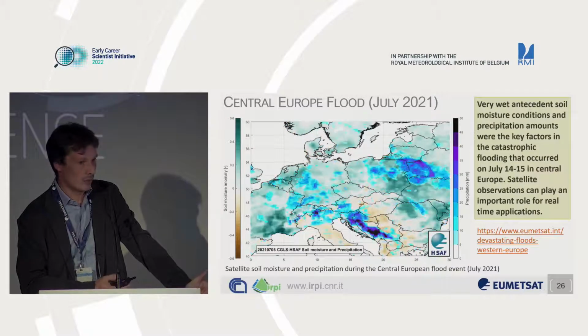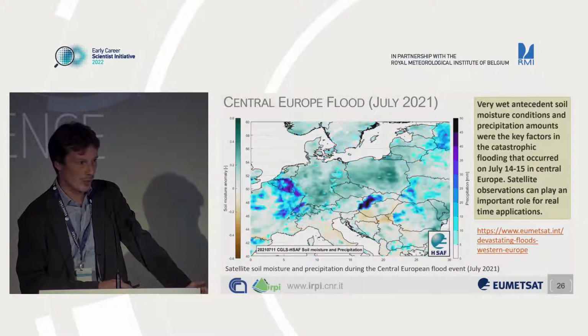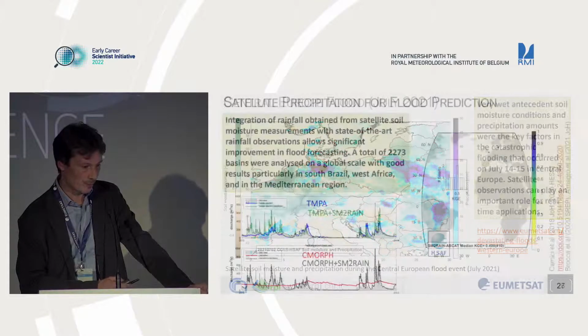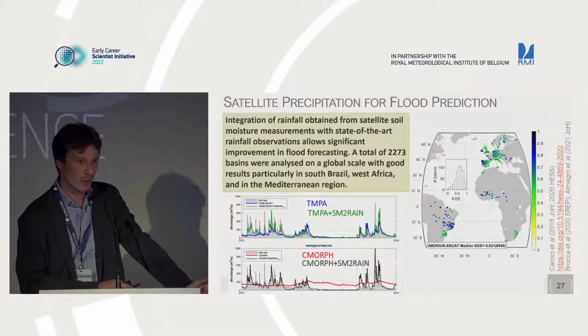Of course, if the soil is going to be saturated, a small amount of precipitation can have devastating or catastrophic impacts. And this is what we have done and are doing by exploiting satellite precipitation data, because satellite precipitation data are available everywhere.